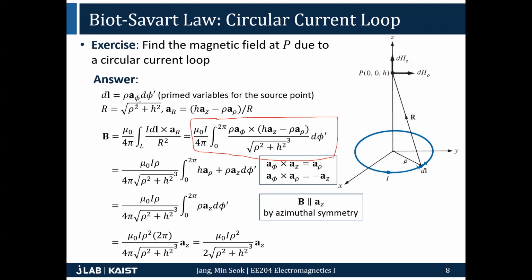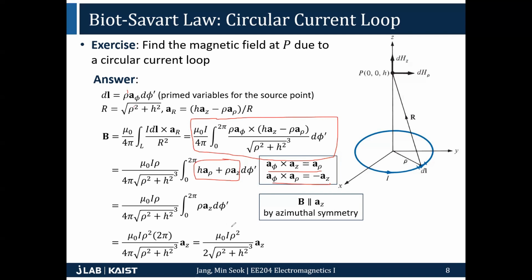I didn't actually put a rho prime here, but I think it's better to put a rho prime in this case. Anyway, now if you evaluate the cross product of a phi and a z, that's a rho, and the cross product of a phi and a rho is minus a z, so it becomes like this.